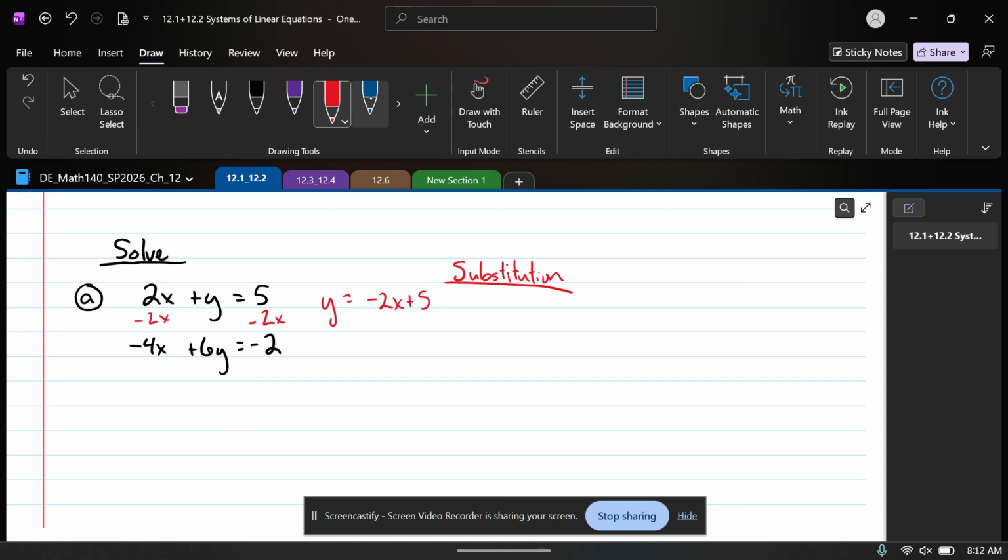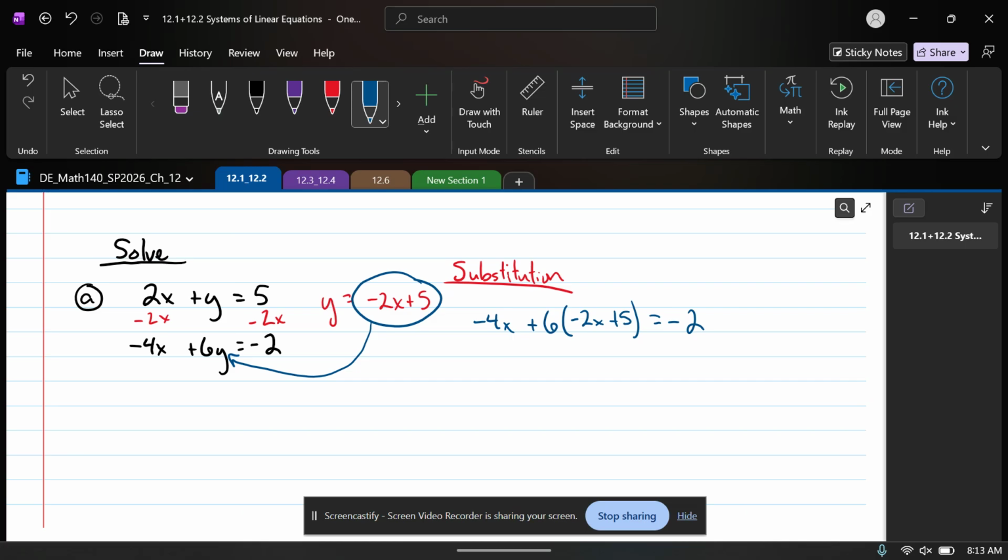Then I substitute that for y in the second equation: negative 4x plus 6, and then instead of y, I put in negative 2x plus 5.